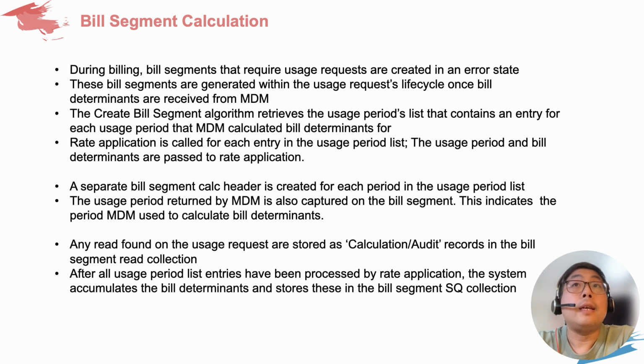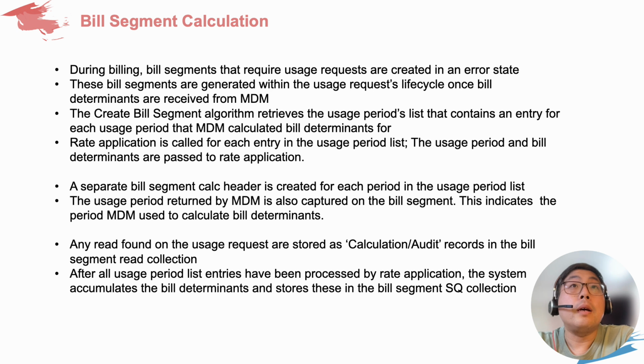And then what happens afterwards is the rate application. So we will be talking about configuring rates, because rate is what holds the billing rules. On the MDM side, you have usage rules which calculate consumption, but on the CCB side, you have the rates which calculate the bills.